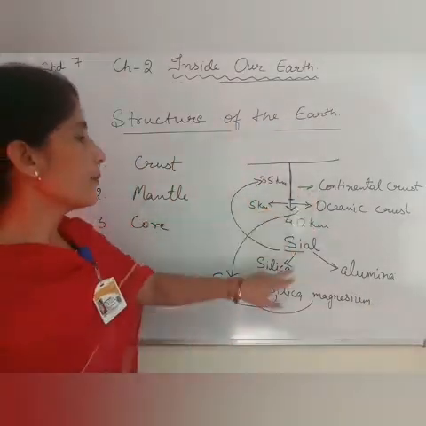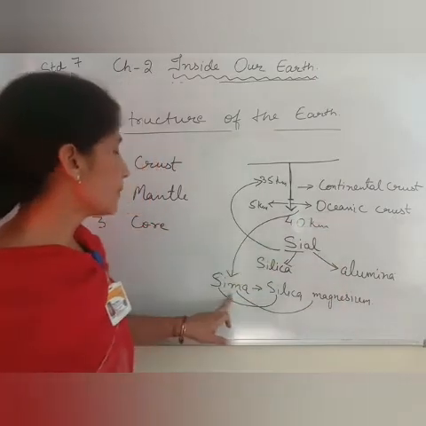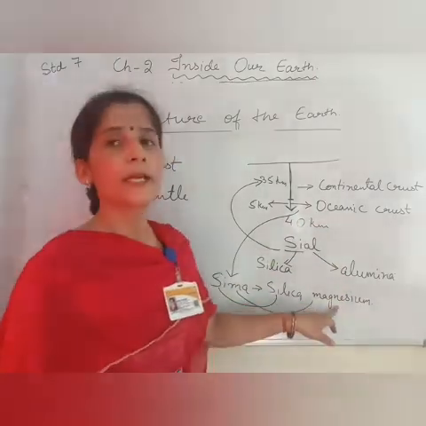Continental crust is made up of SiAl, silica and alumina, and oceanic crust is made up of SiMa, silica and magnesium.